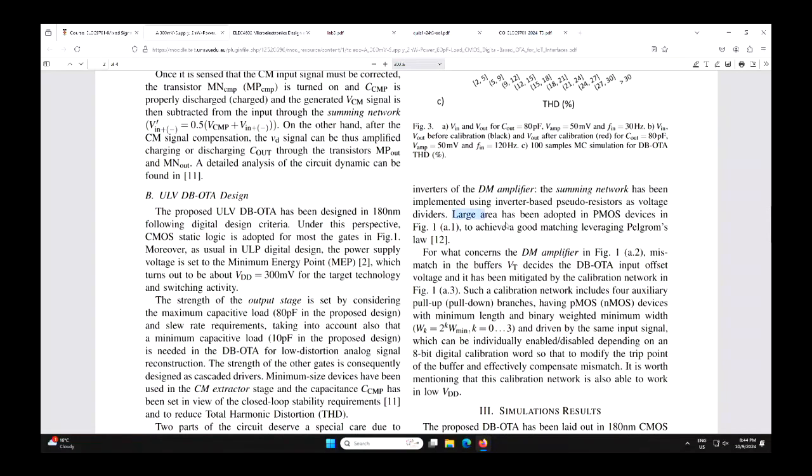Large area has been adopted in PMOS devices in BO1. Why do we need large areas in PMOS devices? This is the first question. Okay, anyone want to answer this question?